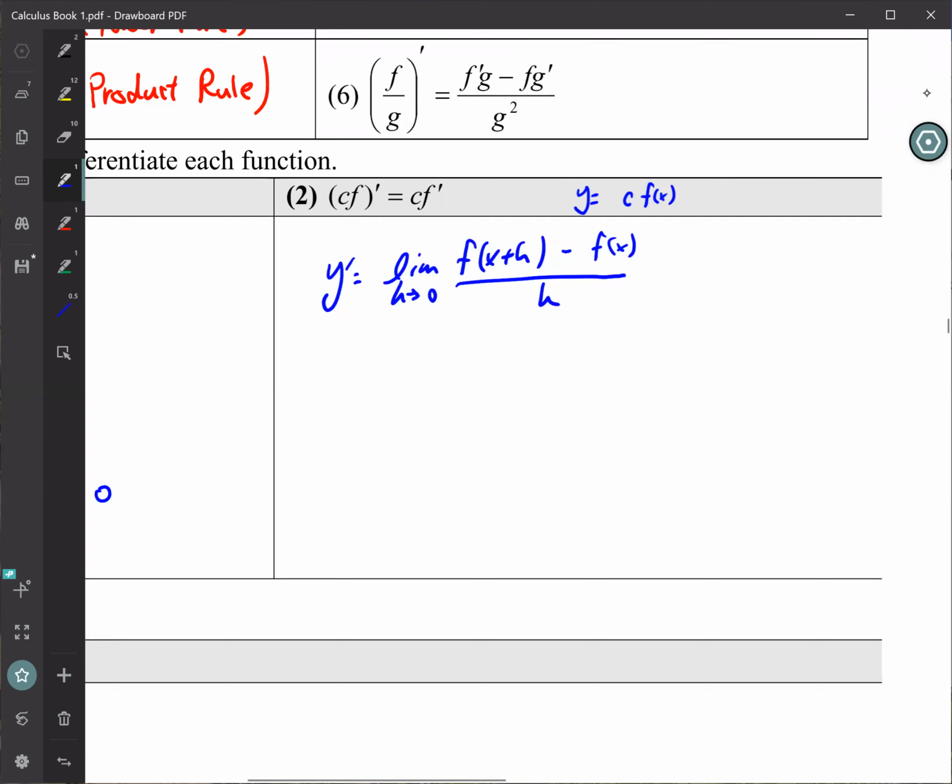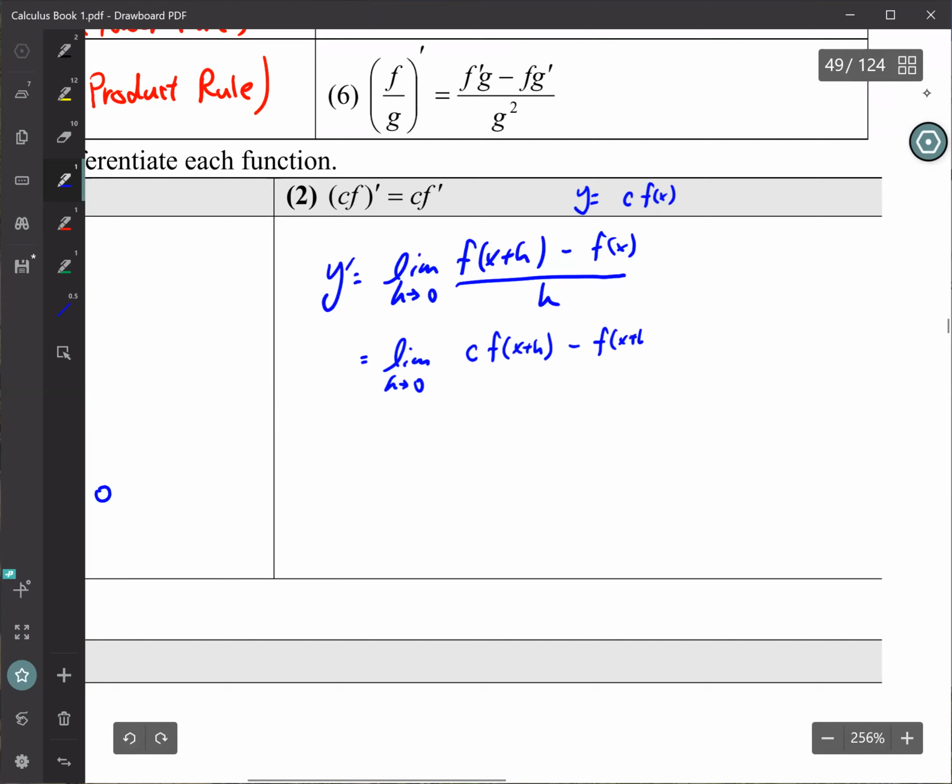c is a constant, okay? So we would have the limit as h approaches 0. f of x plus h means you sub in x plus h, right? So it'll be c f of x plus h, and then minus, sorry, c f of x.